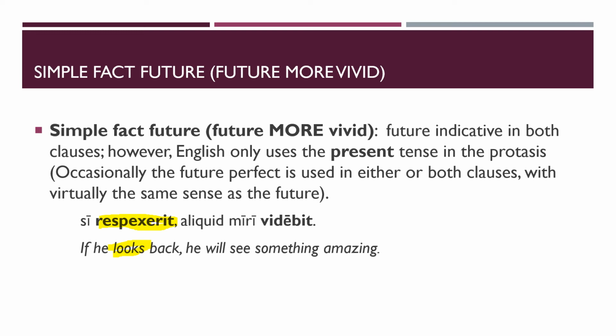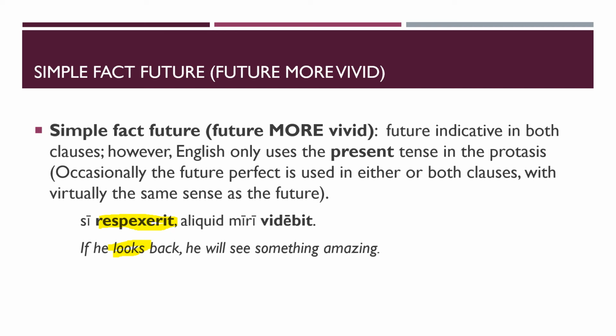One thing I didn't mention, you can also use nisi instead of si. Nisi would be the negative. So if I said nisi respexere, unless you look back, you will not see something.